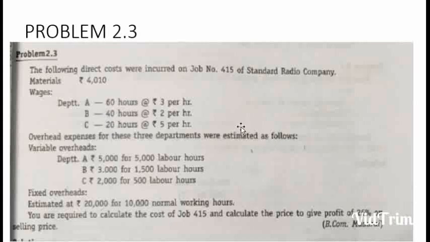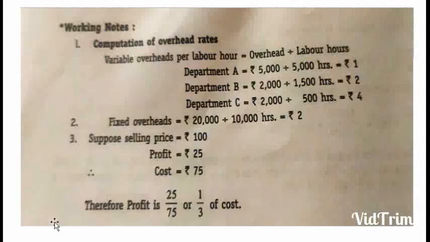So you need to find out for 1 labor hour how much is it. Only then you can multiply with 60, 40 and 20. So 20,000. So let's get into your working note. 20,000 divided by 10,000 hours will give you the rate for 1 hour. So for per hour it is rupees 2.